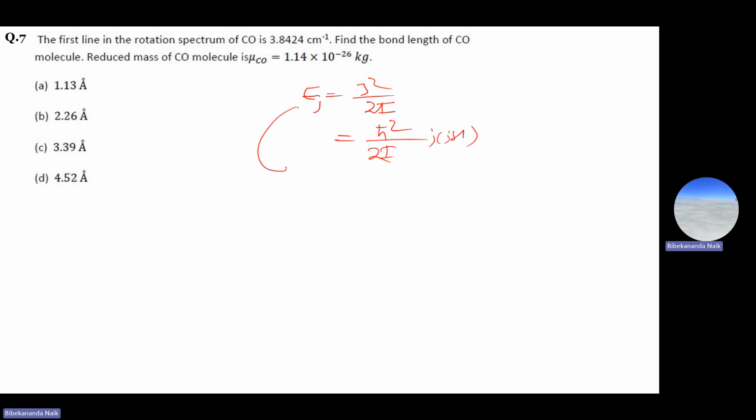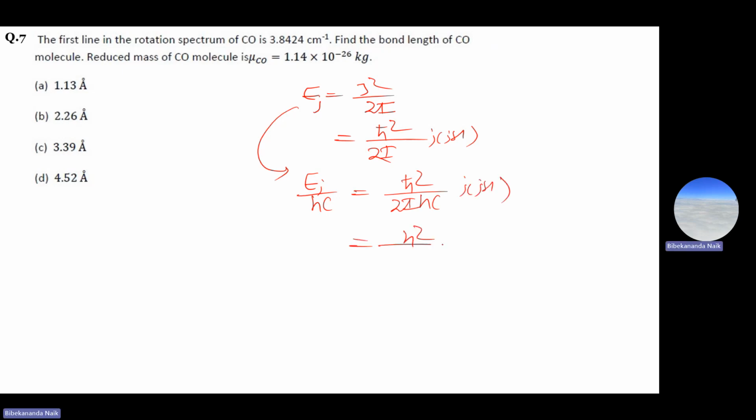Since the first line of the rotational spectrum is given in terms of centimeter inverse, in order to convert energy into centimeter inverse, we will divide it by hc, because E equals hc by lambda. So 1 by lambda will be E by hc. So E_J by hc will be h cross square divided by 2I hc times J(J+1).